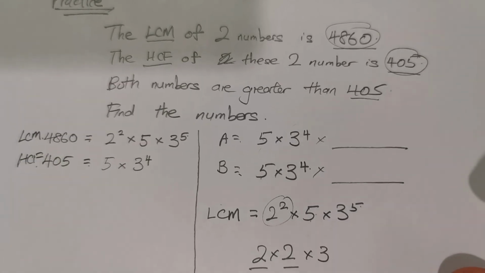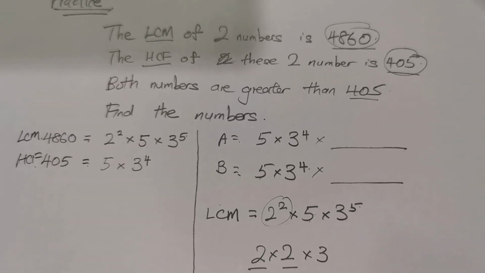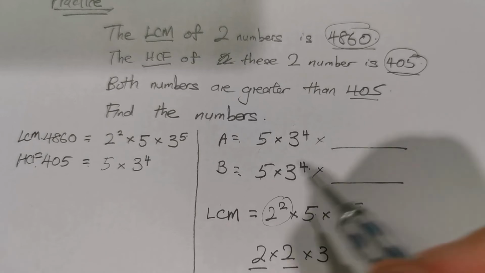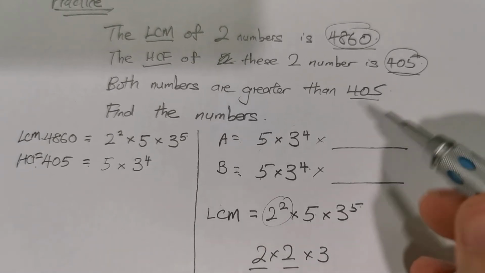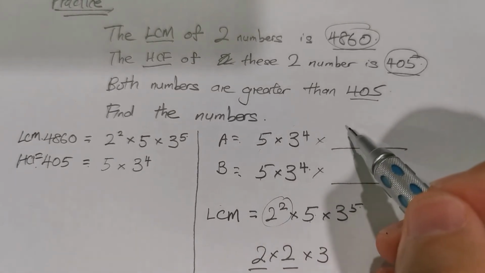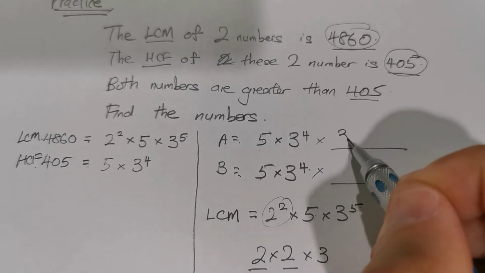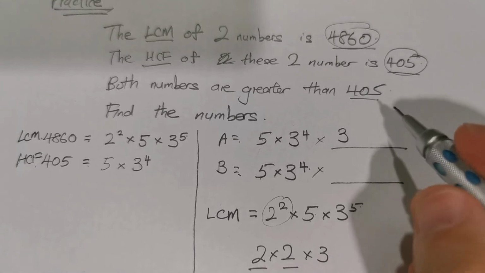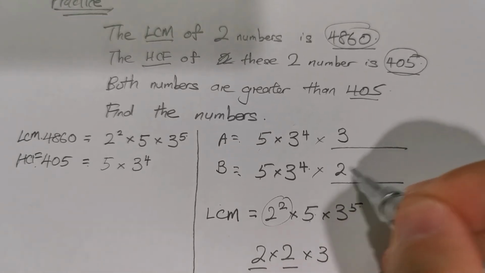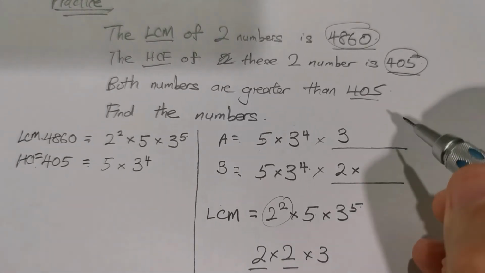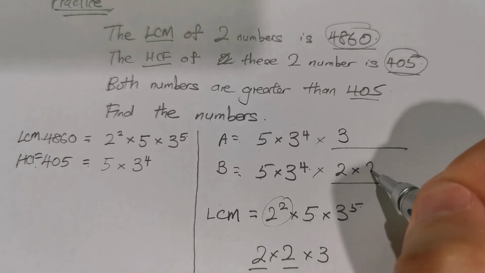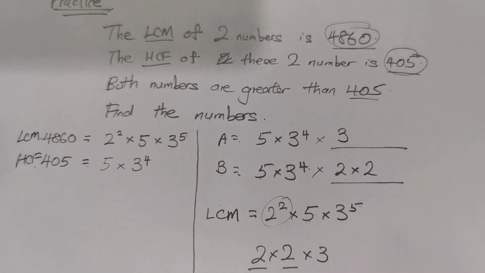Right. So let's go. How do we put this in? Now, this is 405, right? So let's try to put some numbers in. Can we put a 3 here? And maybe put a 2 and 2.